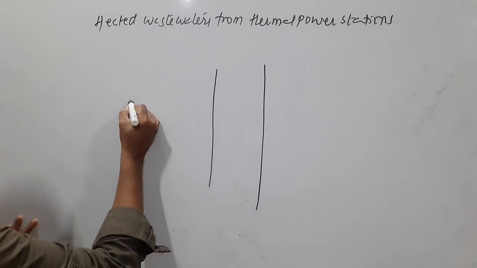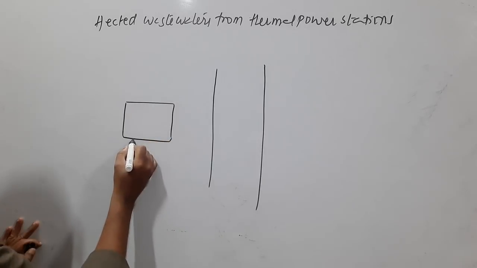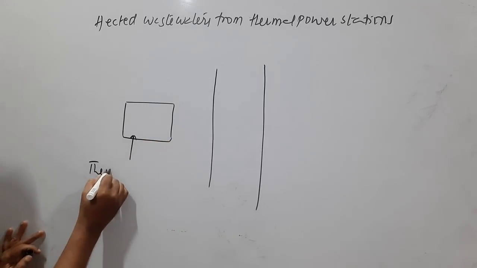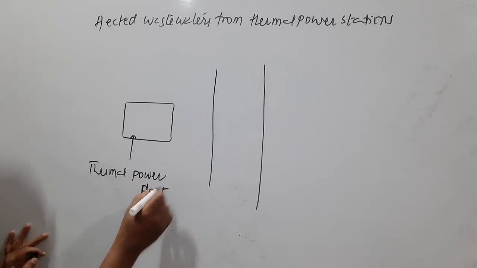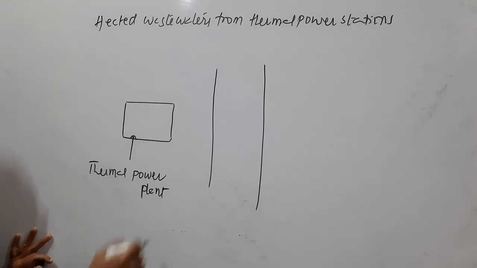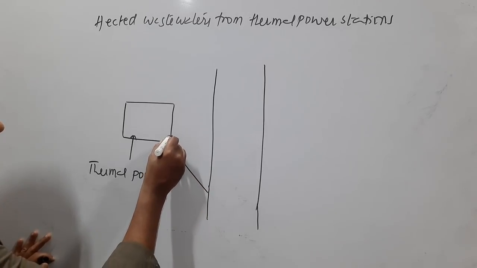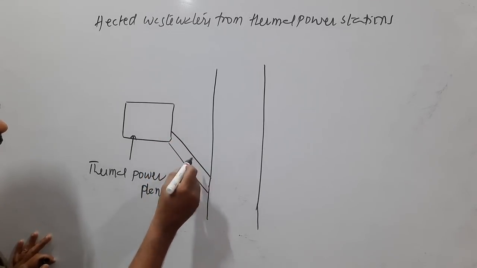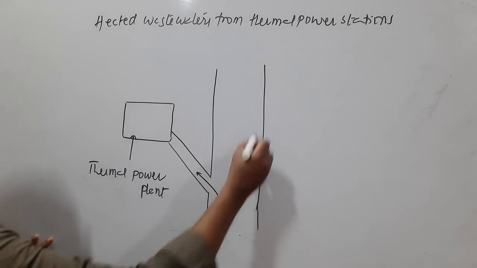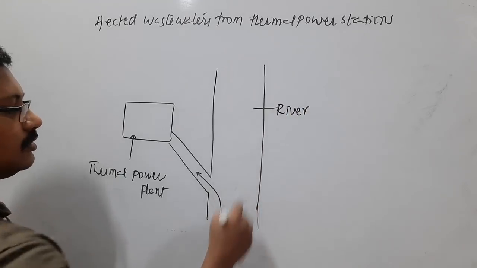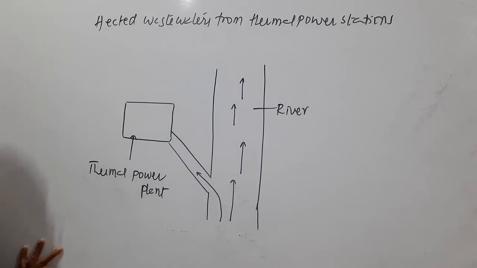Near the river they are going to construct these power plants. So this is a thermal power plant, and the water from the river will be channelized to this thermal power plant. I'll mention here the river, and suppose this is the direction of flow of water, right?